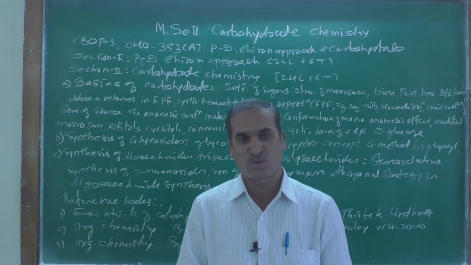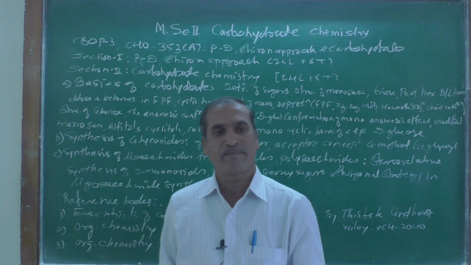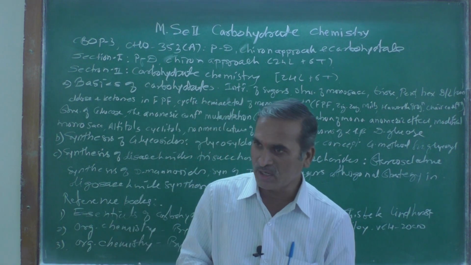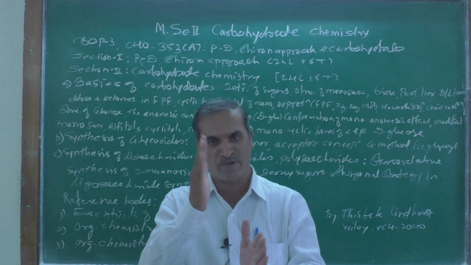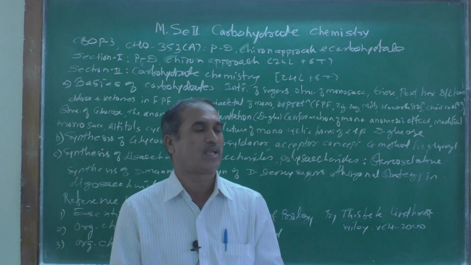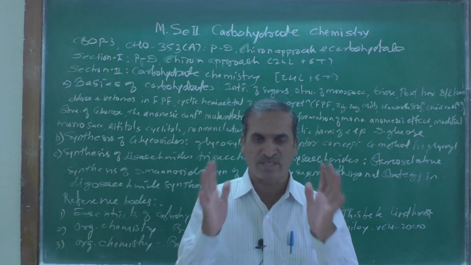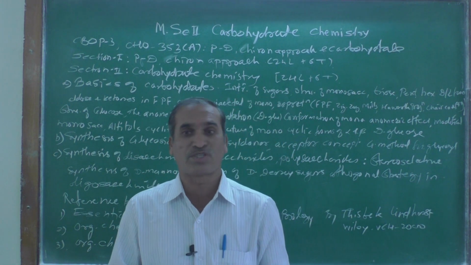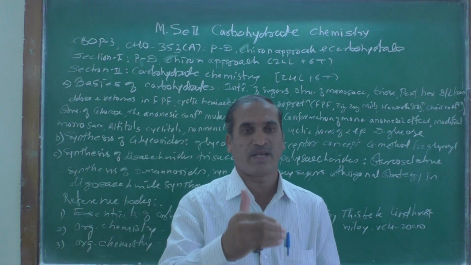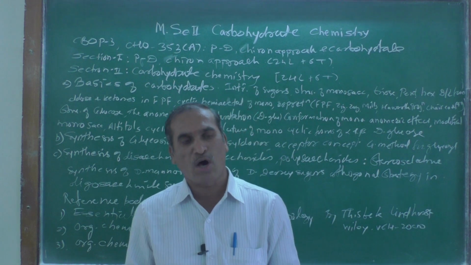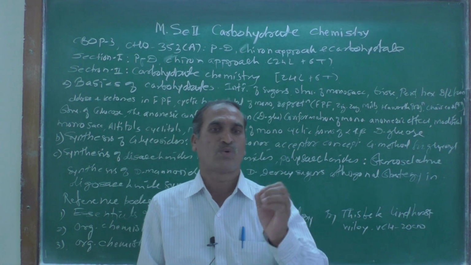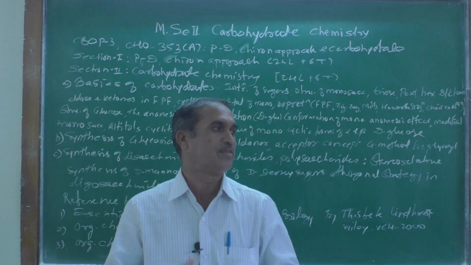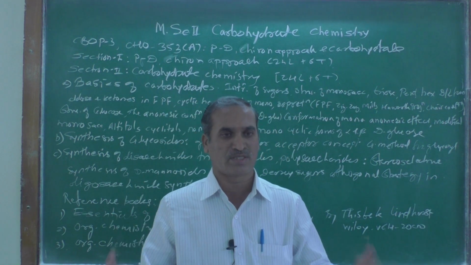There are certain rules. Normally these organic molecules are written vertically, with the carbon skeleton or carbon framework kept vertical, and the most oxidizable functional group, if present, is kept at the top, and the remaining groups are arranged horizontally, with the lowest one at the bottom.